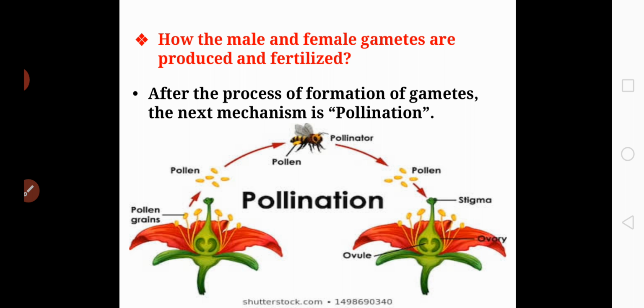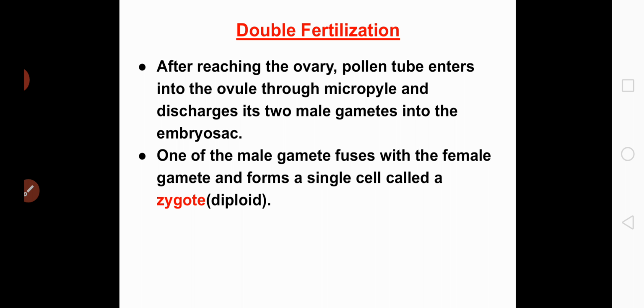Since two types of fusions, syngamy and triple fusion, take place in an embryo sac, it is called double fertilization, and it is an event unique to the flowering plants. Understood?